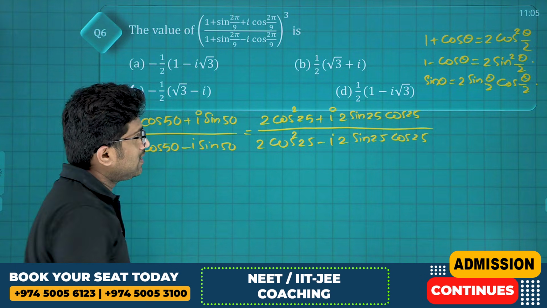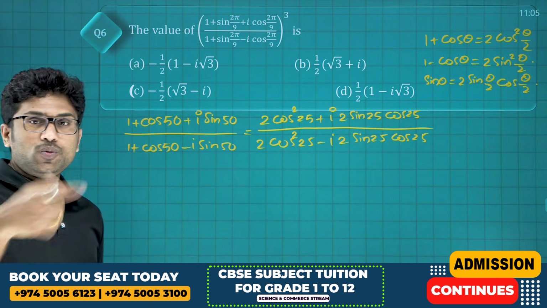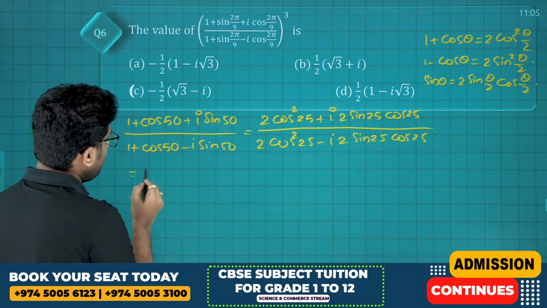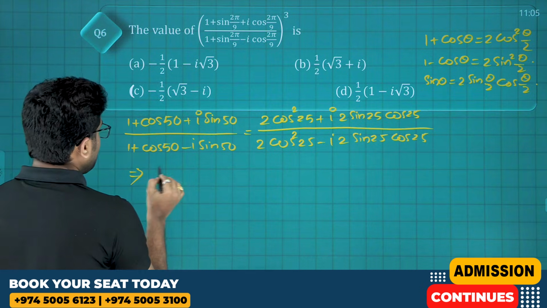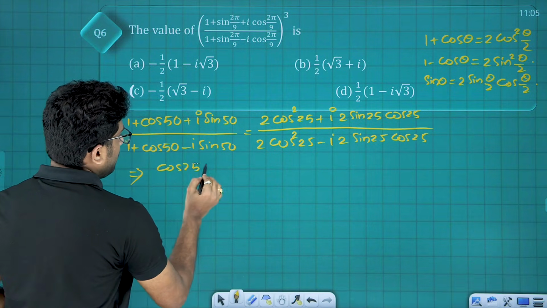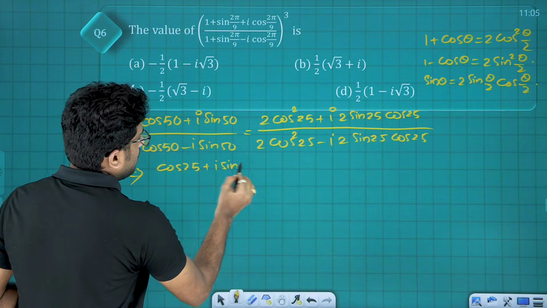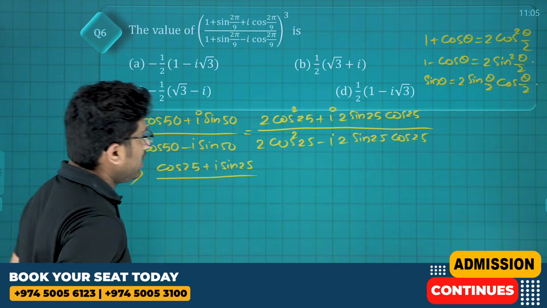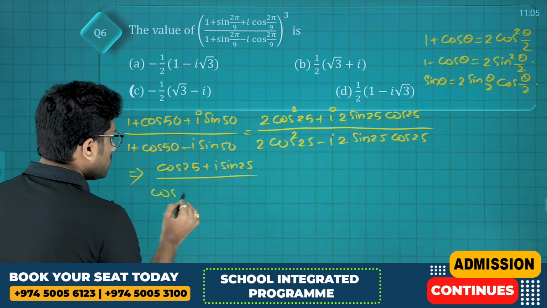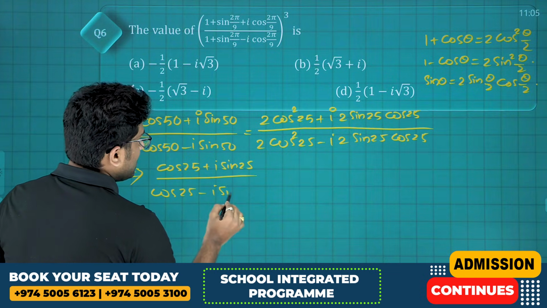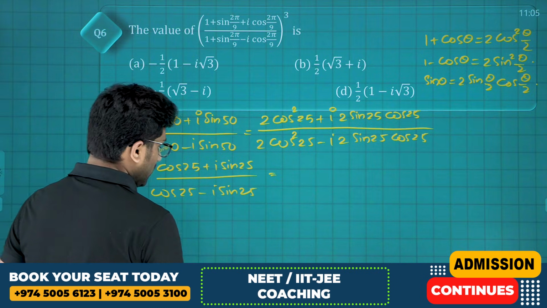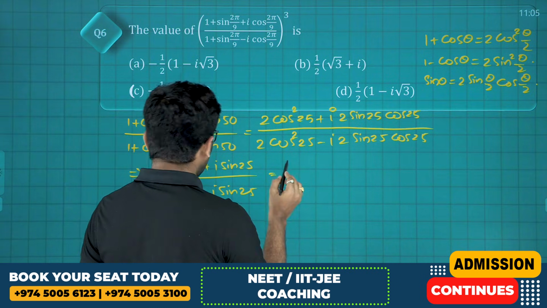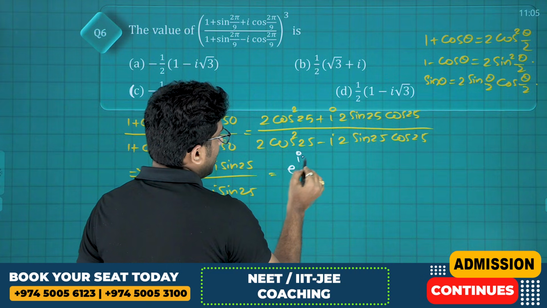Friends, we can cancel 2 cos 25 in numerator and denominator. Then we get cos 25 plus I sin 25 divided by cos 25 minus I sin 25.